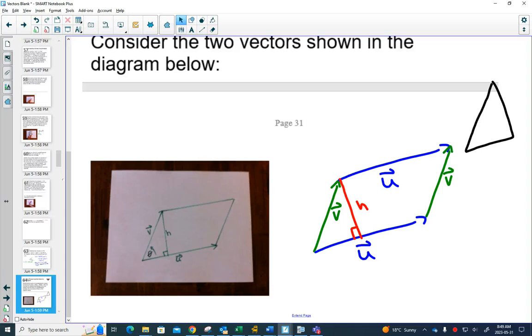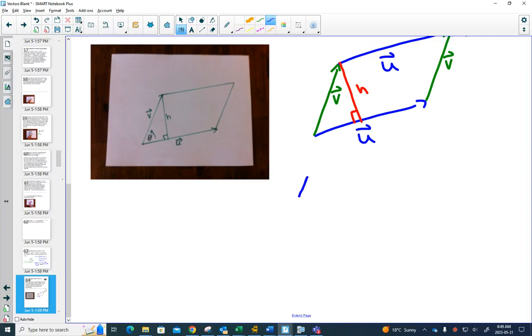Now, how do I do that? Well, the area is going to be the base, which is the length of u, times the height. There's my area of my parallelogram. Now the height, if I introduce an angle theta right here, the height and the green line, my hypotenuse, are part of that triangle.